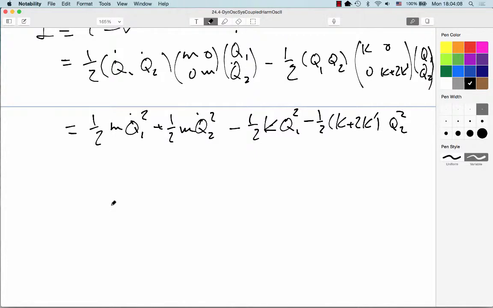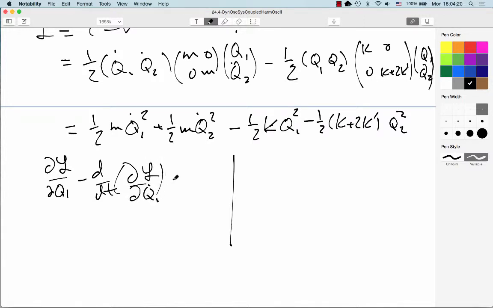So let's go ahead and write down and solve Lagrange's equations of motion for this system. Partial L partial Q1 minus d dt of partial L partial Q1 dot equals 0.